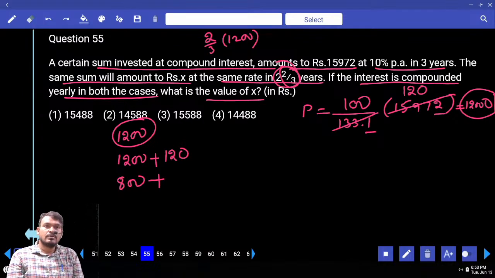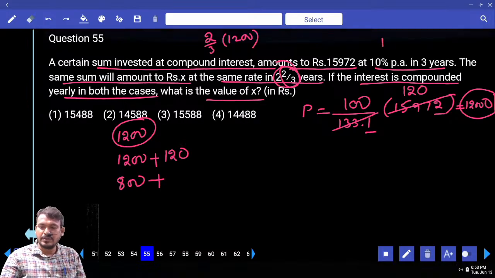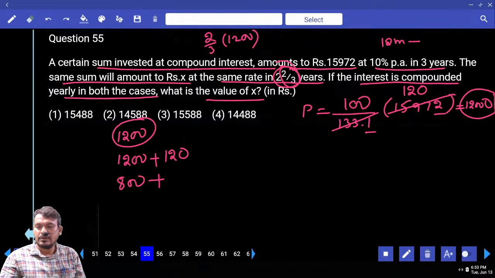Again we require the rate of percent. The 12 months rate of percent is how much? 10%. Then the 8 months rate of percent.